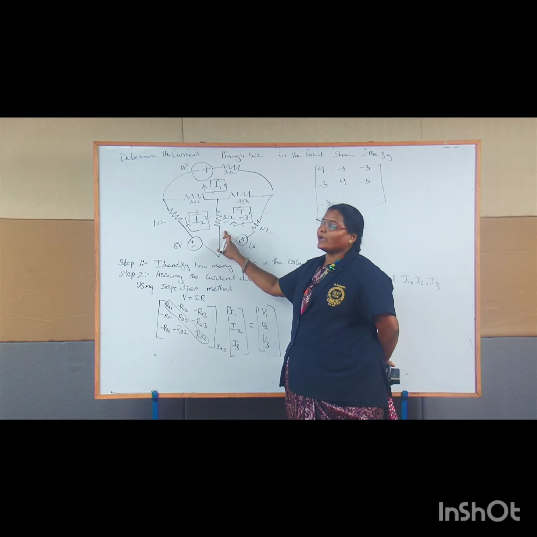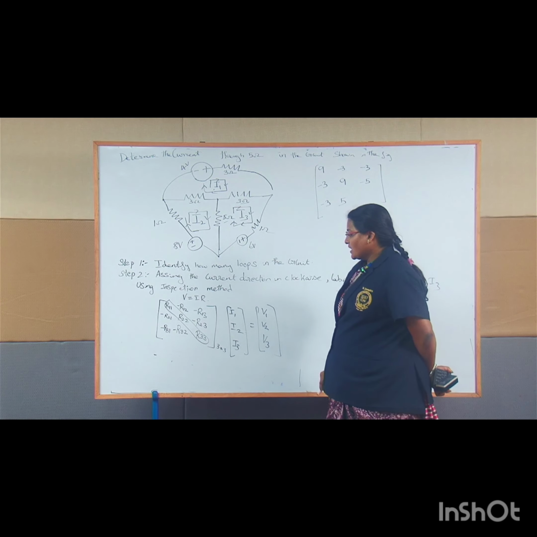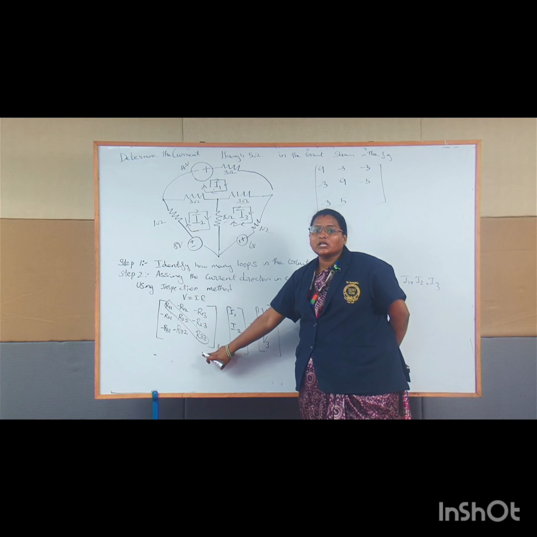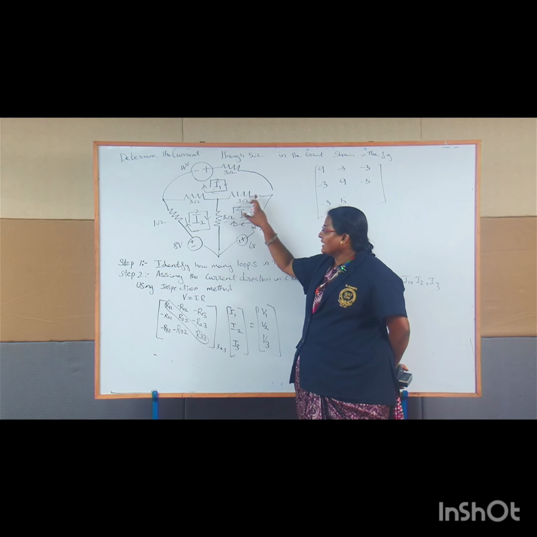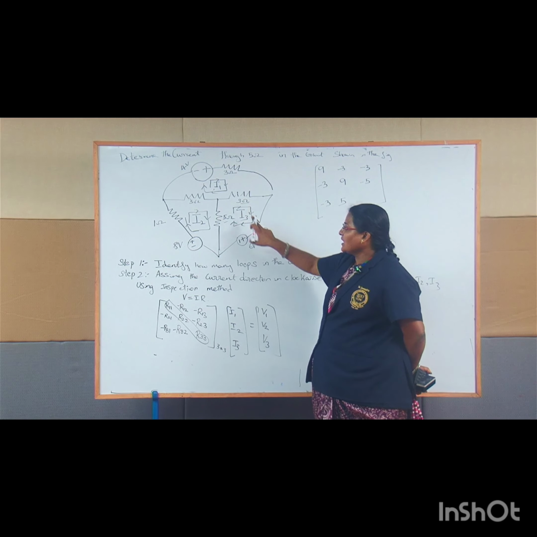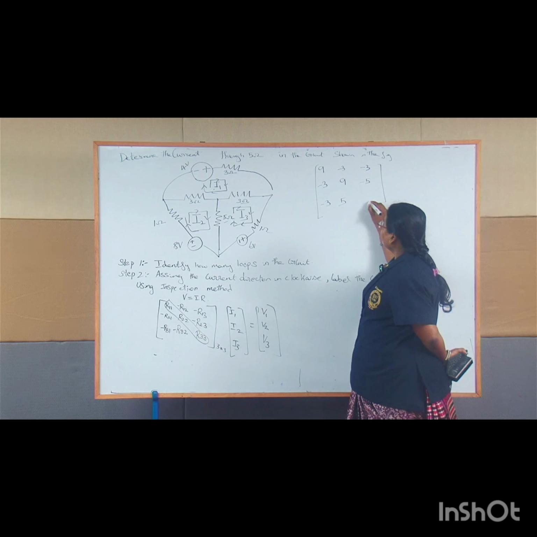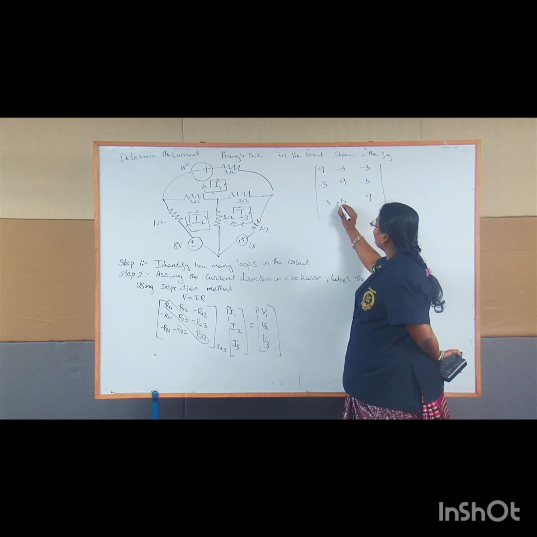It's nothing but 5 ohms, so you have to mention minus 5 ohms here. Then R33 is the total resistance present in loop 3 alone. So 5 plus 3 plus 1 becomes 9 ohms, right? So 9 ohms.